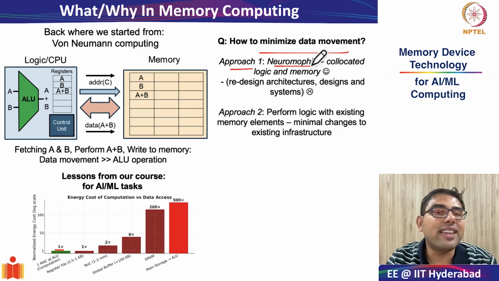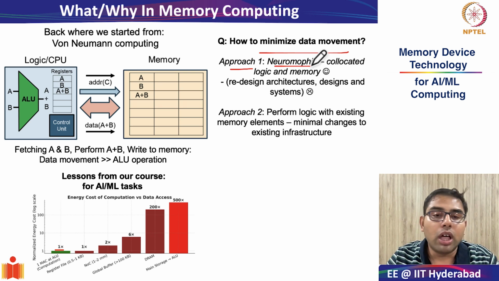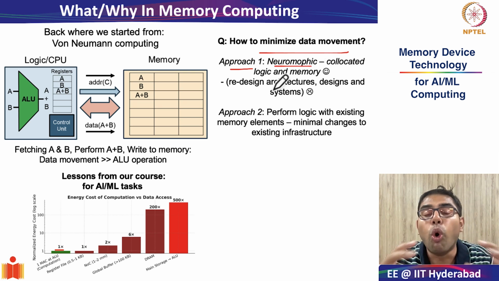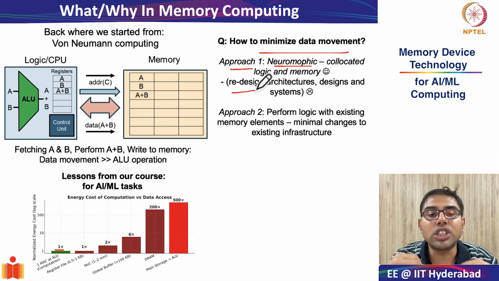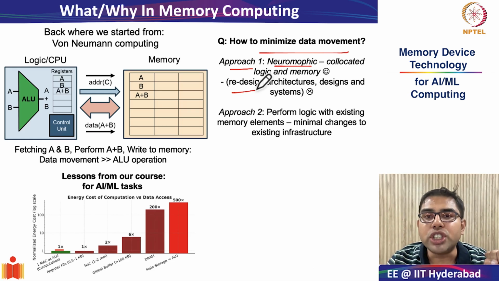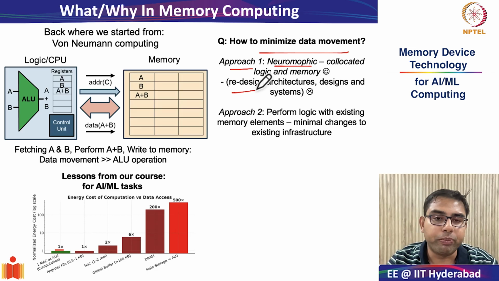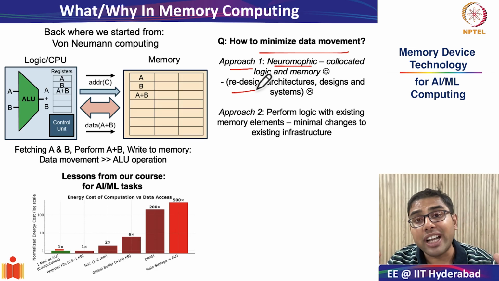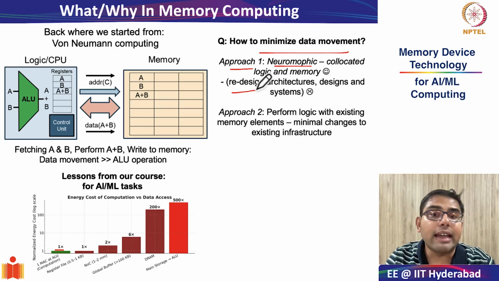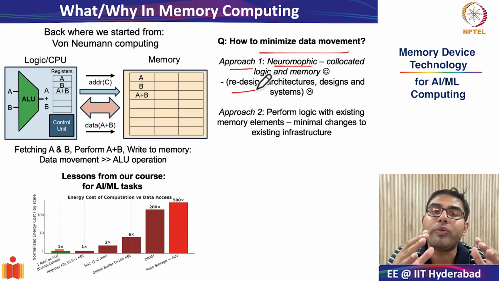But one thing that we saw is that to get into the neuromorphic regime, there is a substantial overhaul in redesigning not just the computational architectures, but also the systems and the devices. So your current day transistors and memory elements may not be sufficient to usher in the neuromorphic regime. So although neuromorphic computing promises to be really low power, there are several hurdles that we need to cross before we get there.